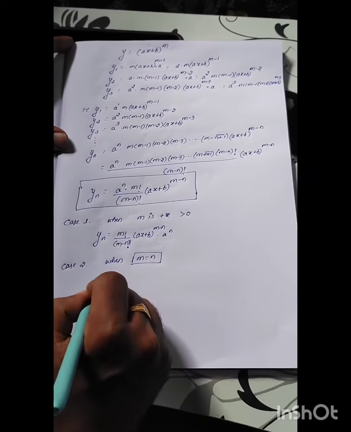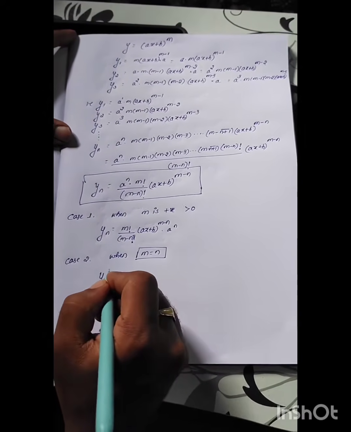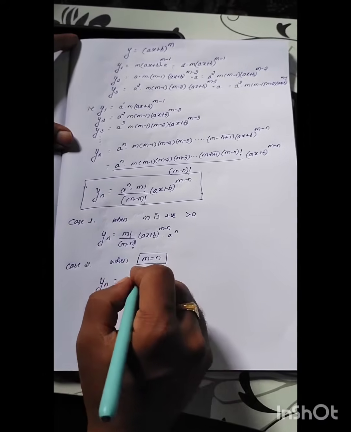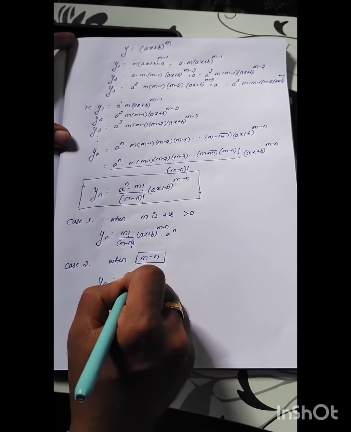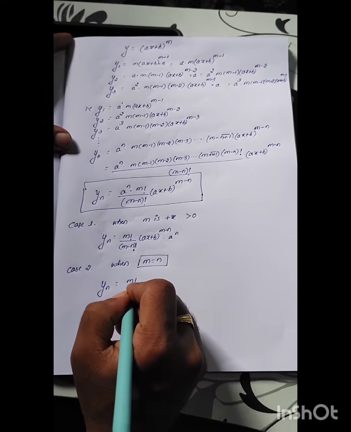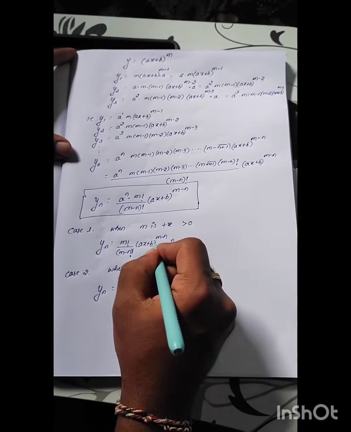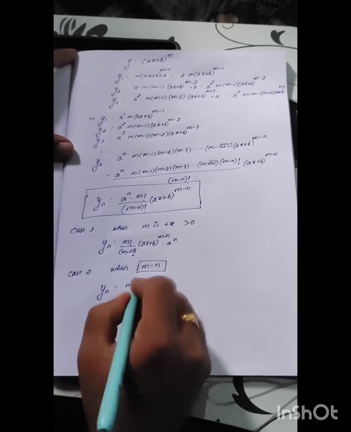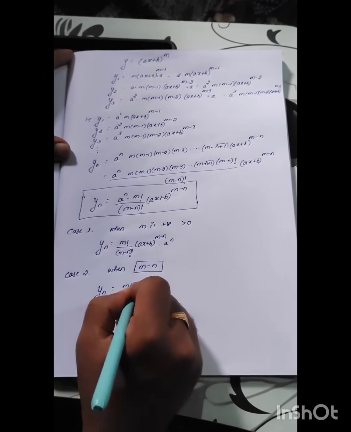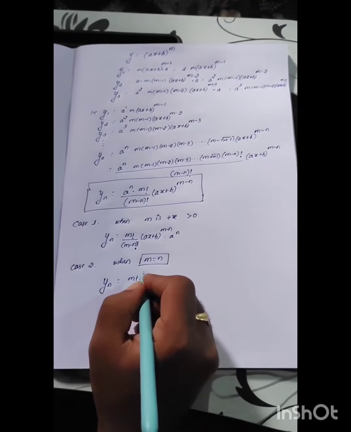So yn in this case would become m factorial into a power n will be the derivative here.